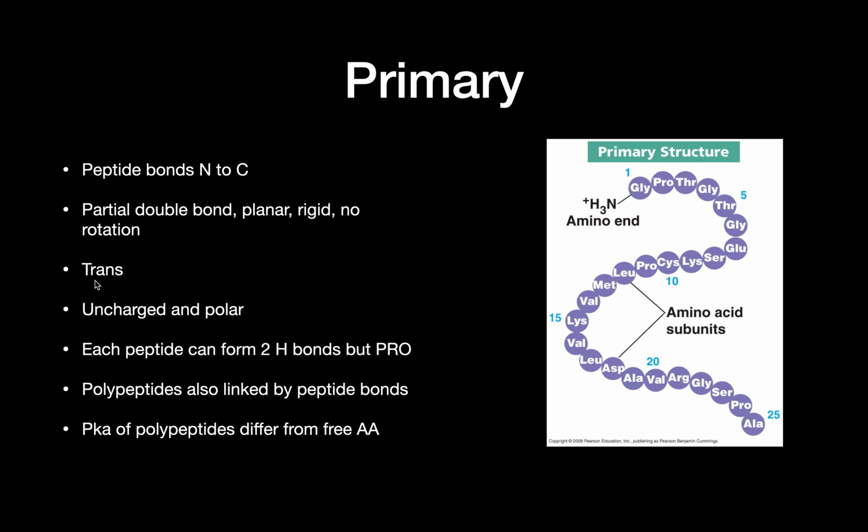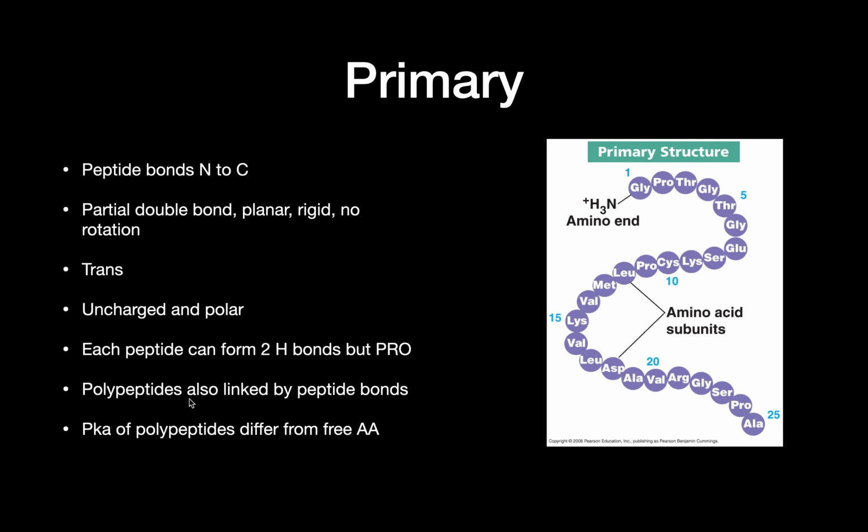They're generally in a trans configuration, and it makes the polypeptide uncharged and polar. And each peptide can form 2 bonds except proline. That's important because proline terminates the structure, right? It just signals, hey, this is as far as we're going to go, this is it.